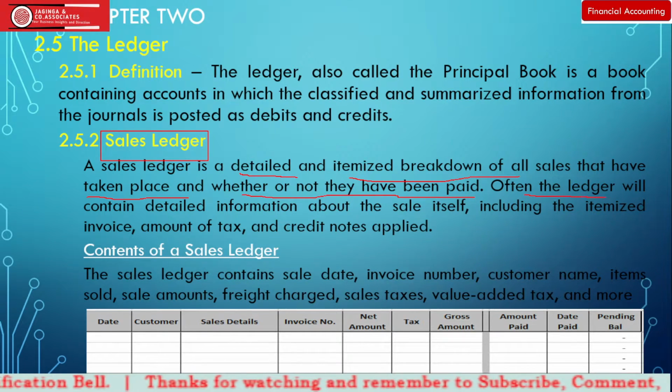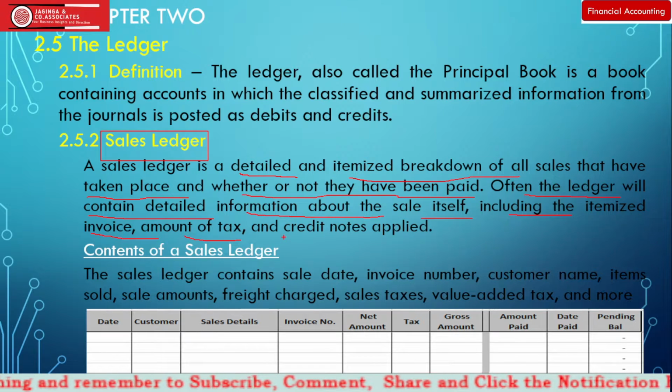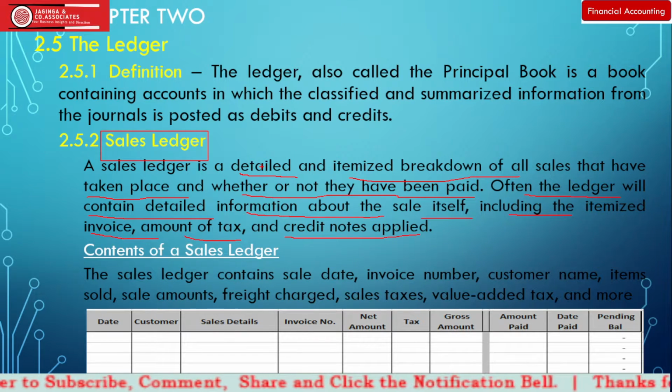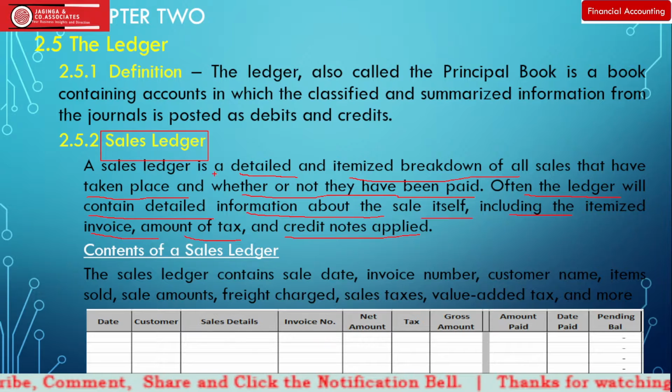Often the ledger will contain detailed information about the sale item, including the itemized invoice, amount, and credit notes applied. So we are saying here, sales ledger is a detailed and itemized breakdown of all sales that have taken place and whether or not they have been paid.